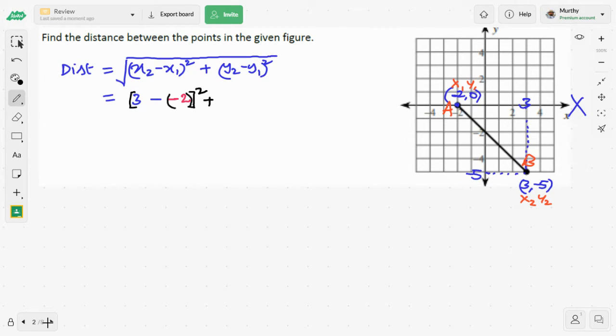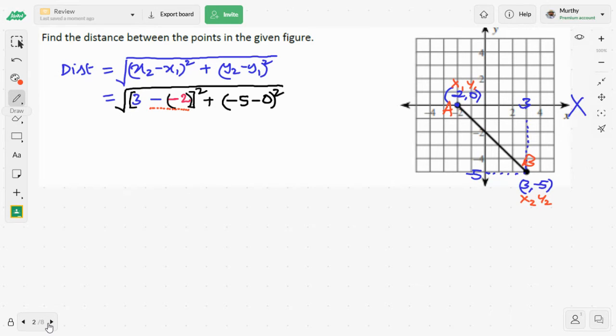Plus the y2 value. You see that y2 is negative 5 and y1 is 0. Therefore, it is negative 5 subtract 0. I don't see any double negatives, so let me keep just a normal parenthesis. If you have this kind of double negative sign, most of you can compute it in your mind, that negative of negative is positive.